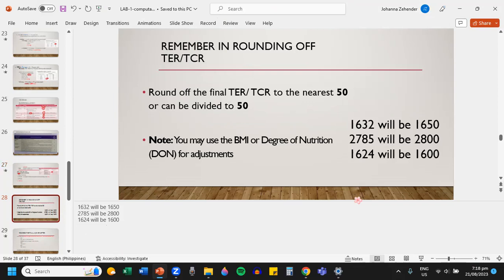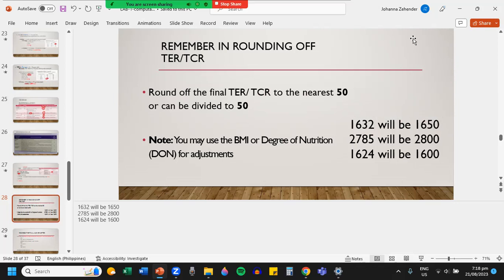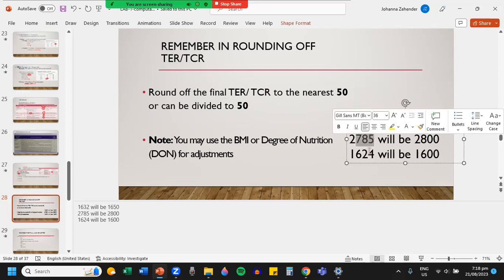For example, 1,632 will be equal to 1,650. Why? Because 32 is more than 25. So if it's more than 25, we're going to have it rounded off to 50, hence 1,650. In the second example, you have 2,785, which you can round off to 2,800, because it is closest to 2,800 already.